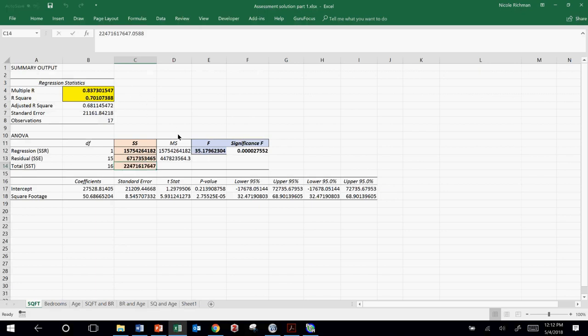So this is a pretty good relationship between square footage and price. Our intercept here is the coefficient, so this is our A, or sorry, our B.